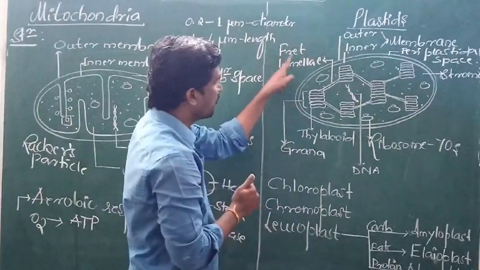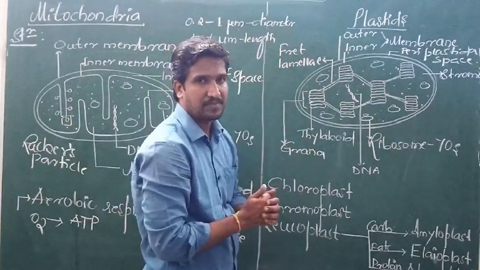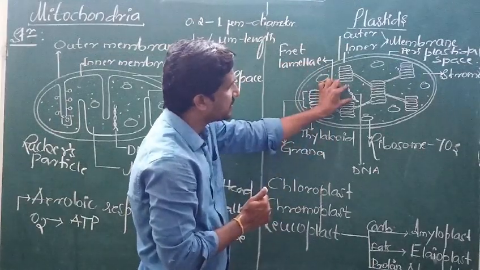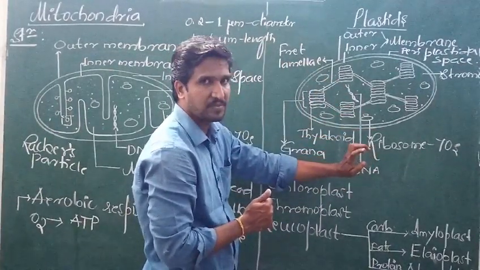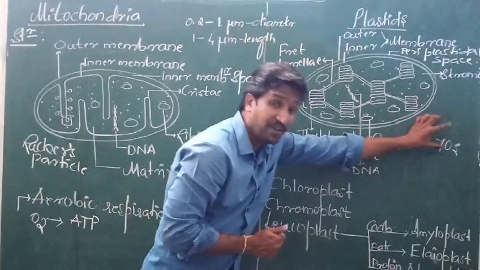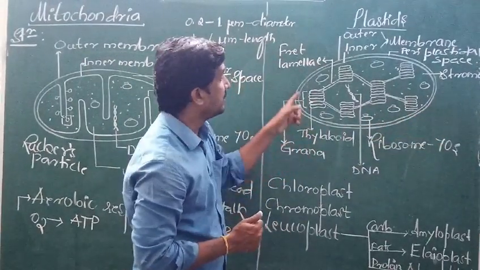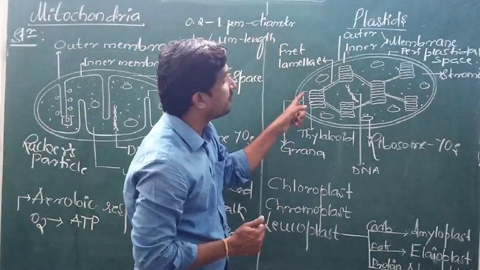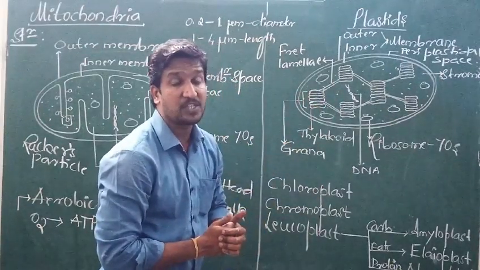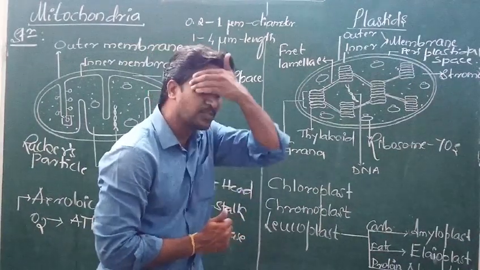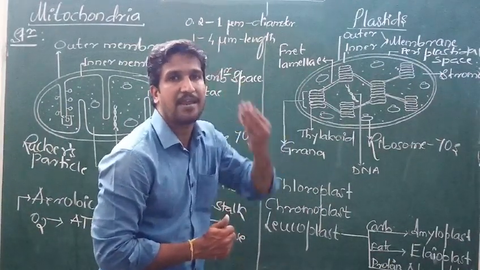Inside it there is also a piece of DNA. There are ribosomes present, and these ribosomes are also 70S type. There is also a matrix containing a number of enzymes responsible for the light reaction as well as the dark reactions.